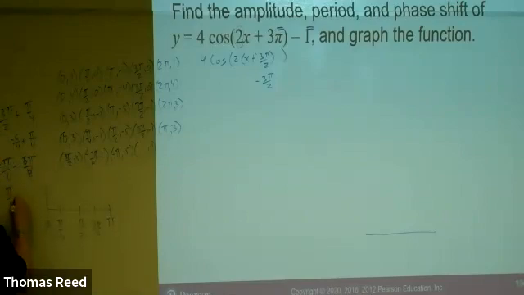And pi over 2 minus 3 pi over 2 is pi. Actually, it's negative pi.